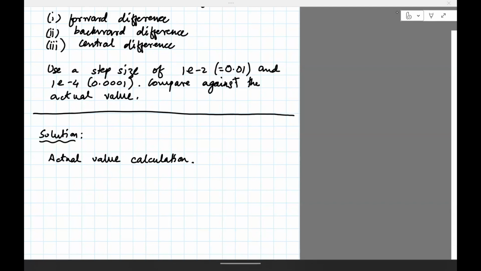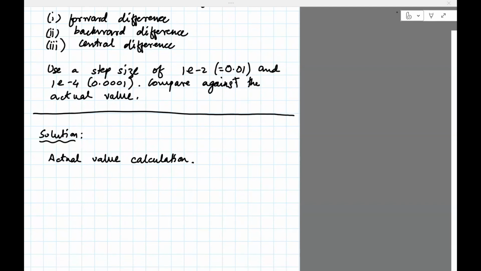Okay, so let's say that y equals cosine of x.